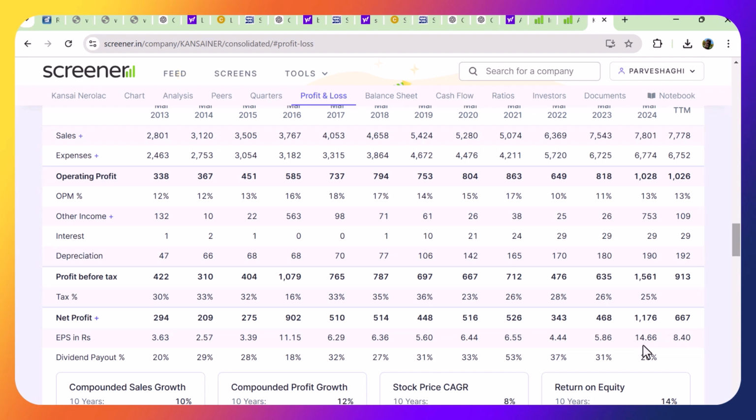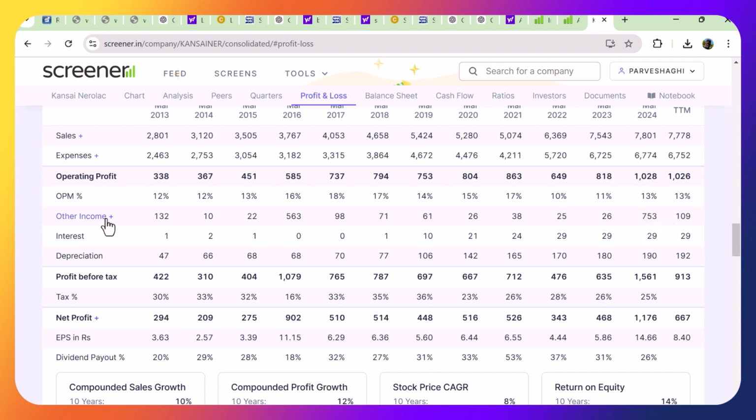So here, the chances of this company doing well are great. If you look at the EPS here, it was 6, then it fell down to 4, and then it went to 14.66. So we may have to look at the reason why this company has shown a very high earning per share here, whether it is because of some other income. Look at other income here, 753.